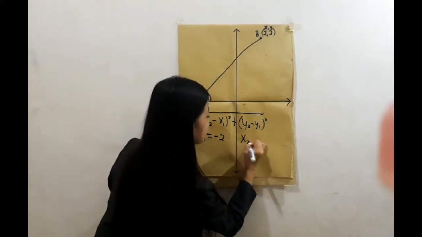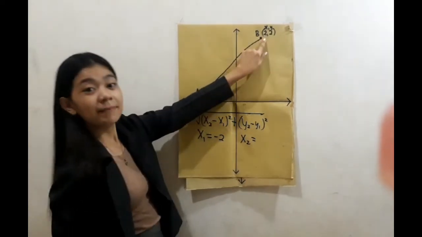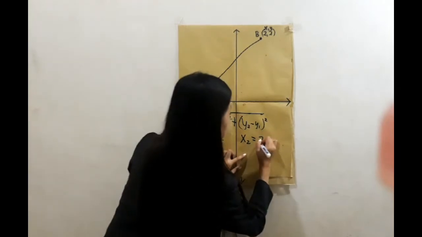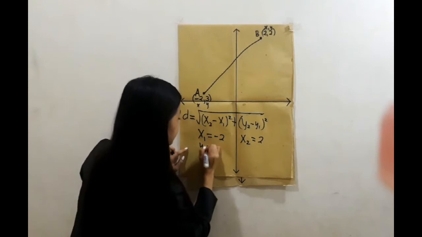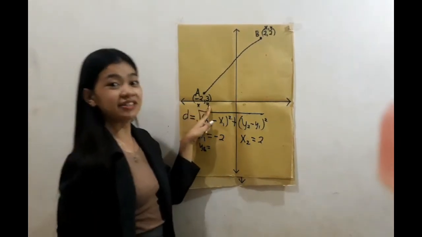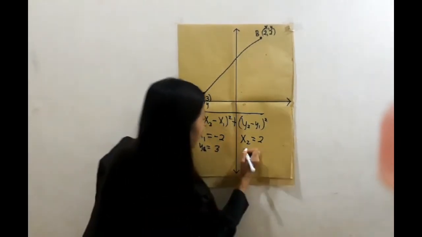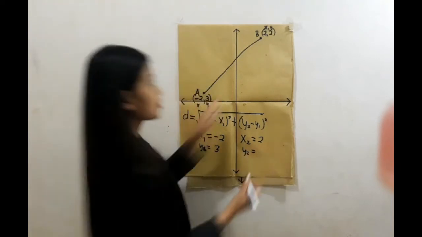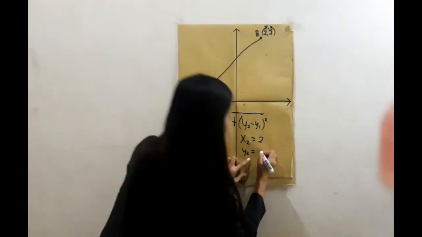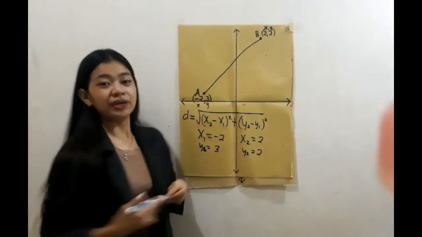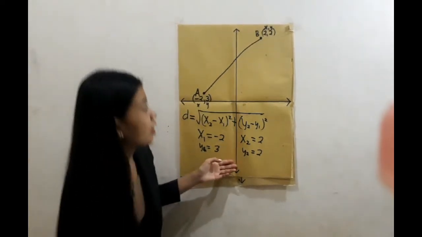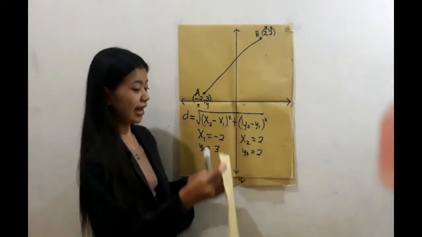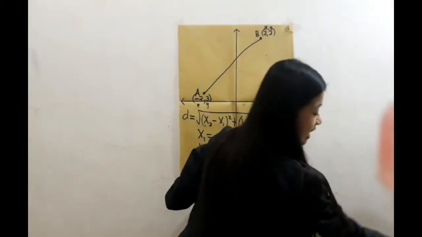Our x sub 2 is equal to positive 2. Our y sub 1 is equal to positive 3. Our y sub 2 is equal to positive 2. Upon knowing the values of our variables, we are going to plug them into our distance formula.